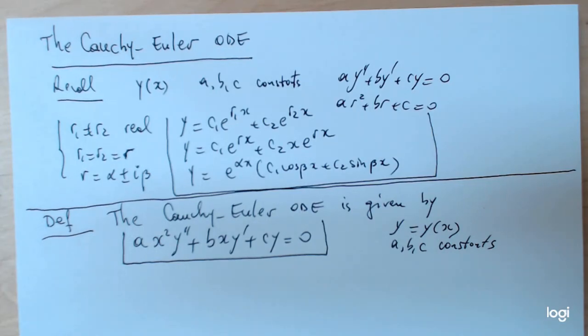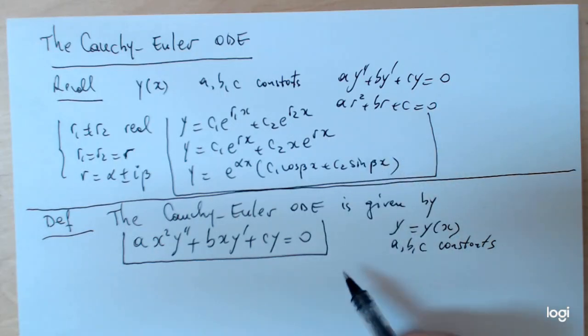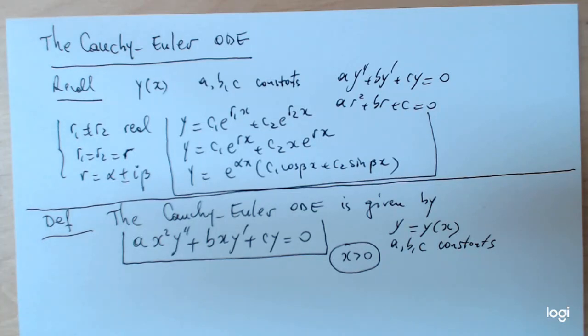For the moment, let's focus on how to solve it. There's a very straightforward way to deal with it. With a clever substitution, we can reduce this to the previous type of equation with constant coefficients. I should mention here that the substitution that we're going to use only works if x is greater than 0. So that is a condition we're going to impose on this ODE.